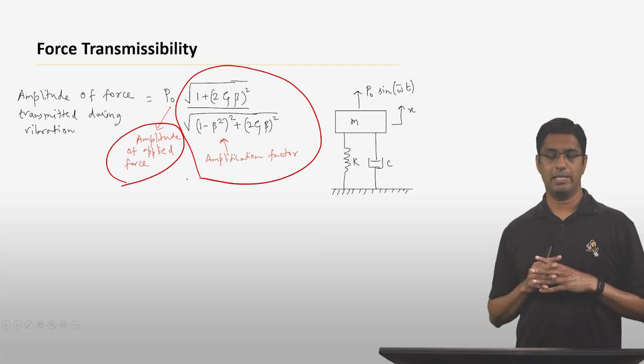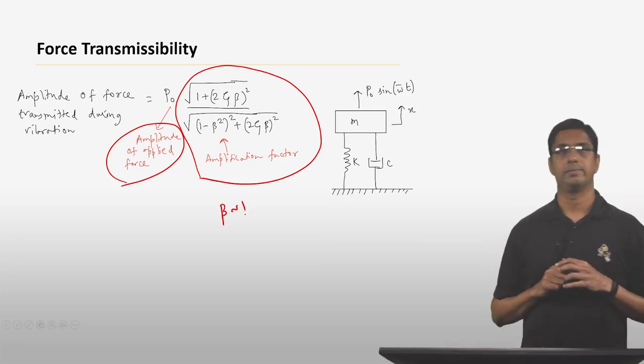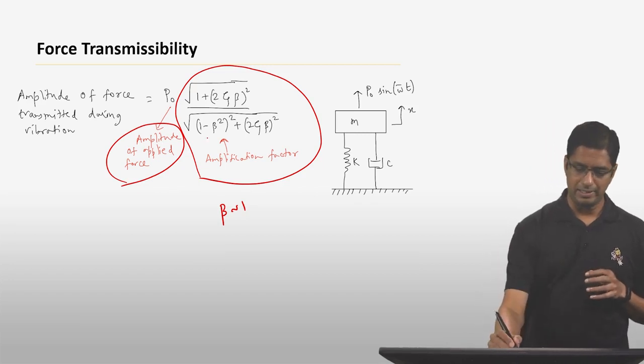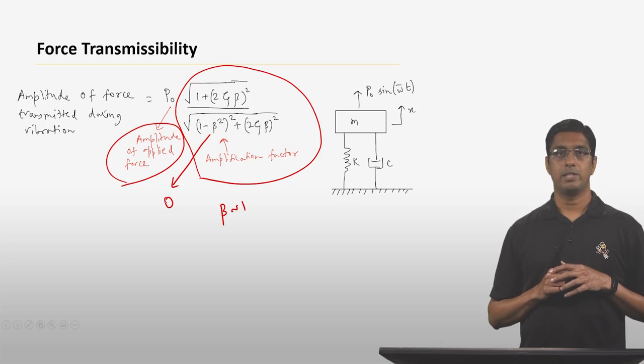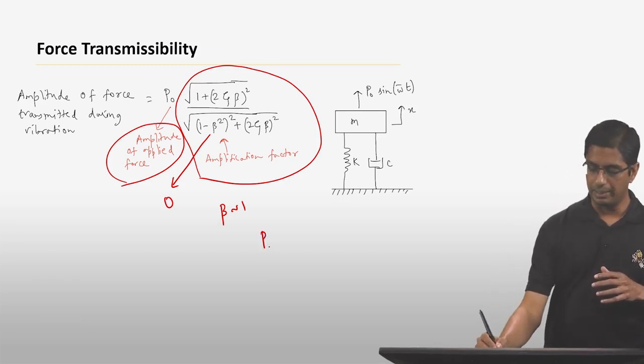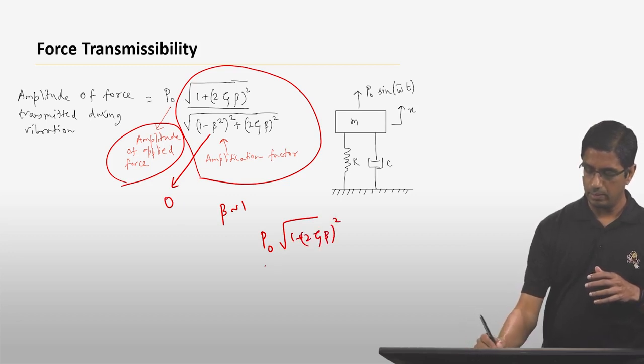Now think about a case where beta is very close to 1. Then this particular term essentially goes to 0. So what you'll end up with is basically P naught times square root of 1 plus 2 zeta beta the whole square by 2 zeta beta.